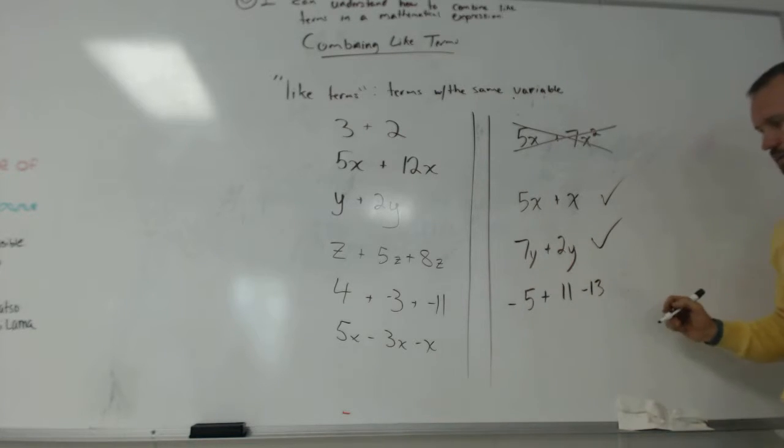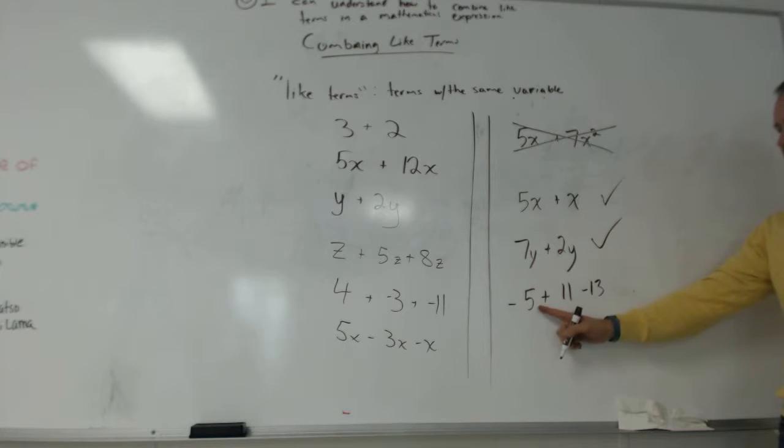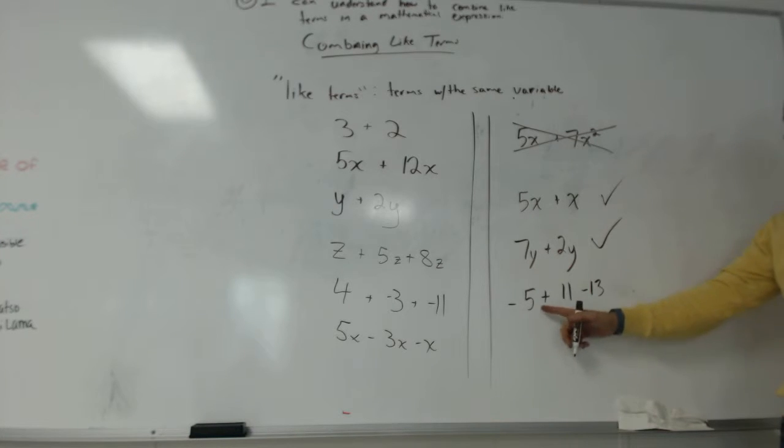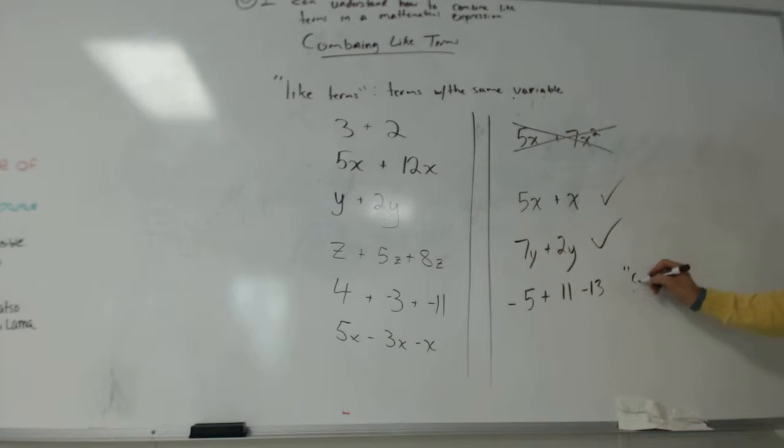No. Are these like terms? Yes. Yeah. They have the same variable. What is the variable? No variable. Right? There is no variable. So any constants, anything that are numbers, we call these constants in algebra. It just means there's no variable attached to it.